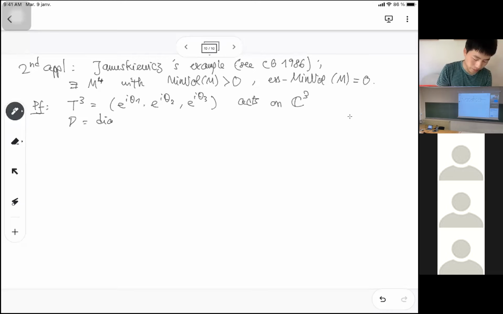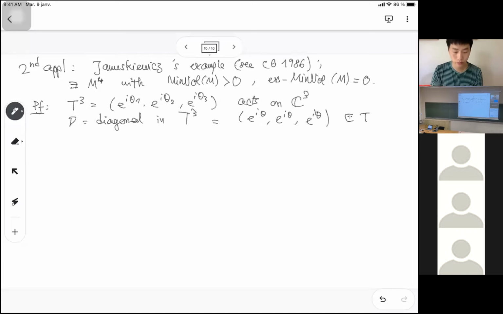There's a diagonal in T^3 that is given by the S^1, where you're turning all the coordinates by the same angle. So that gives you the diagonal. And the quotient of T^3 by its diagonal is a 2-torus. It acts naturally on CP^2, because CP^2 is nothing else than the unit sphere in C^3 that you quotient by the diagonal, actually.